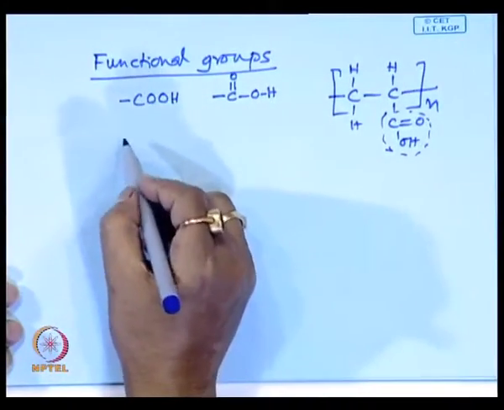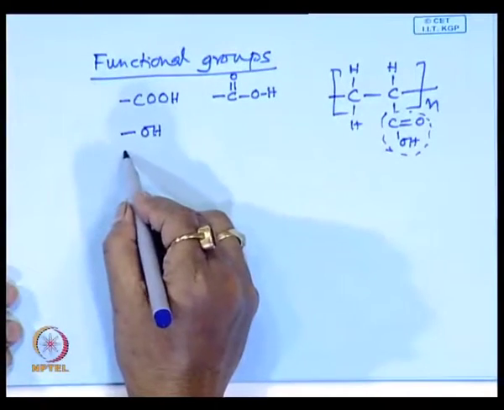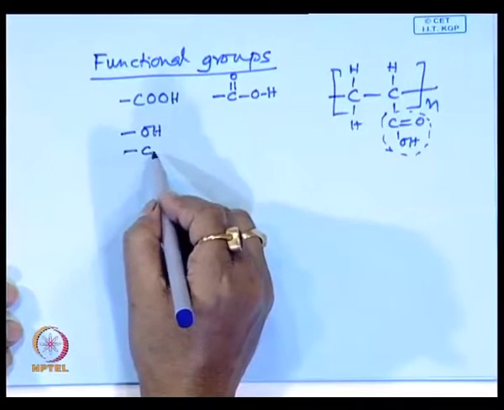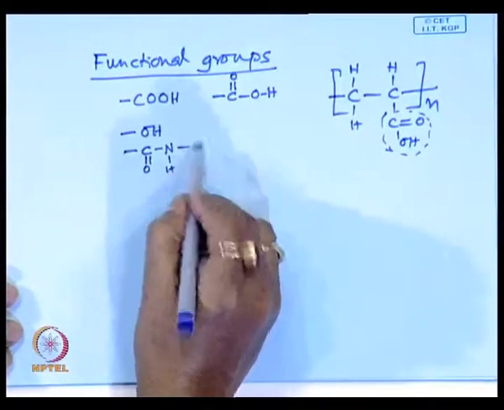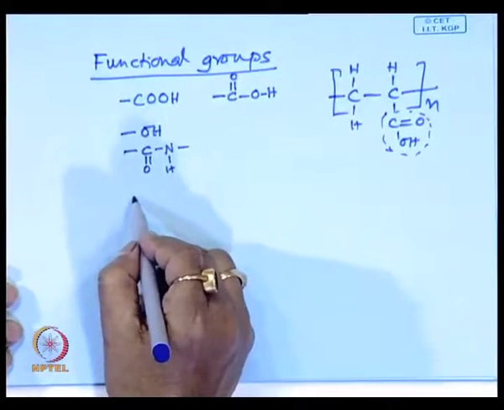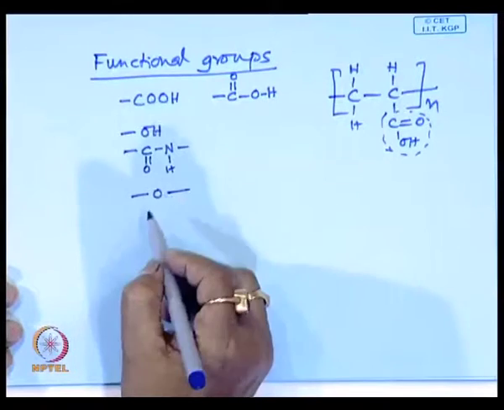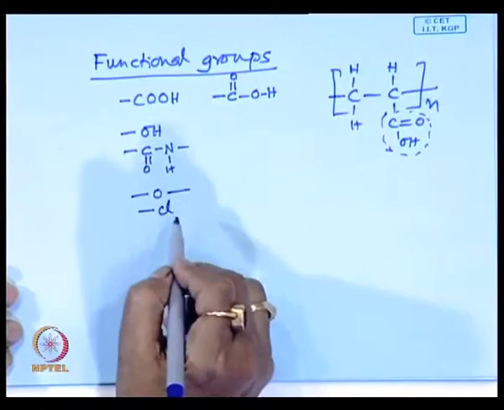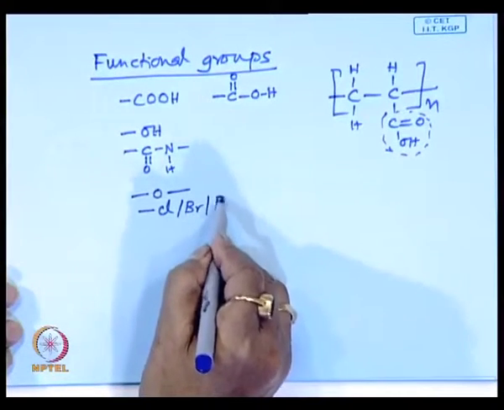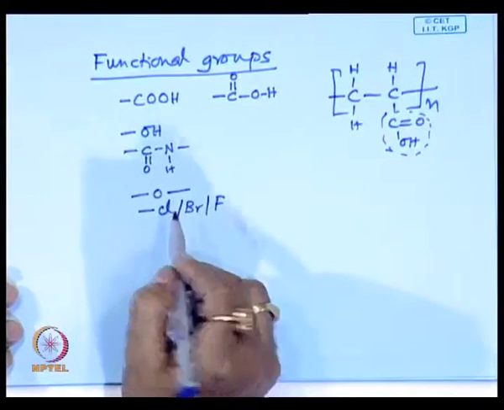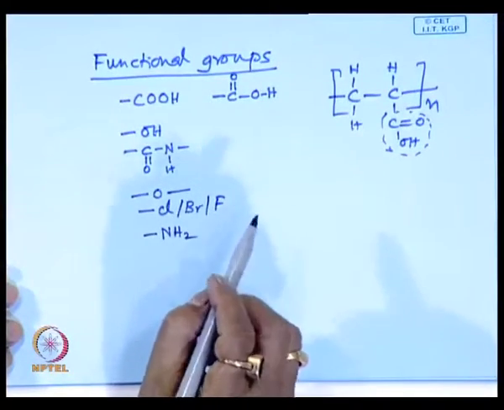Now, other functional groups might be OH, other functional group might be ether, other functional group might be halogen, other functional group might be this, and so on and so forth.